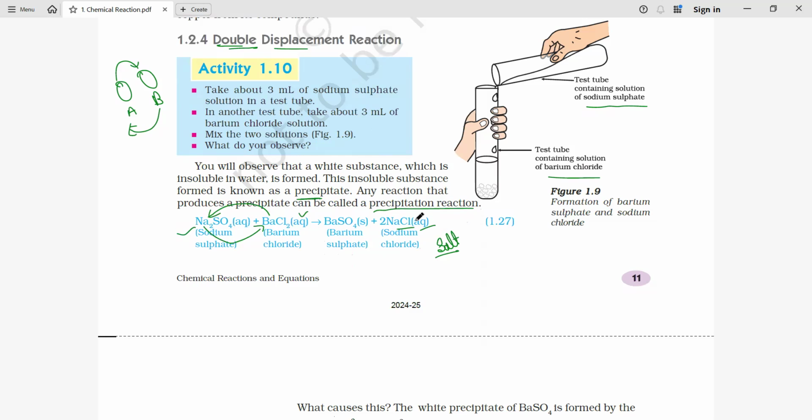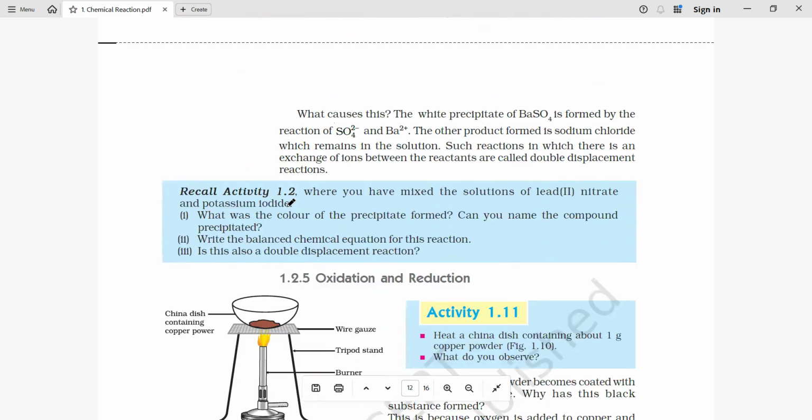Sometimes you will see that if the water is rich in iron and you leave the water overnight, you will get some layer on the water surface in the morning. So like this, here we have double displacement and precipitate formation.